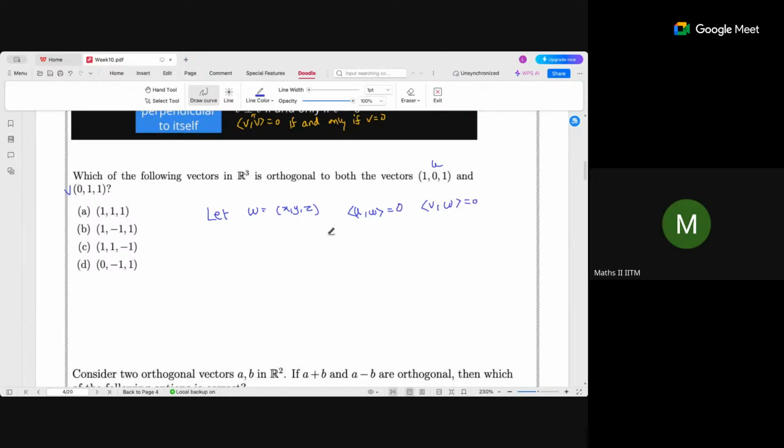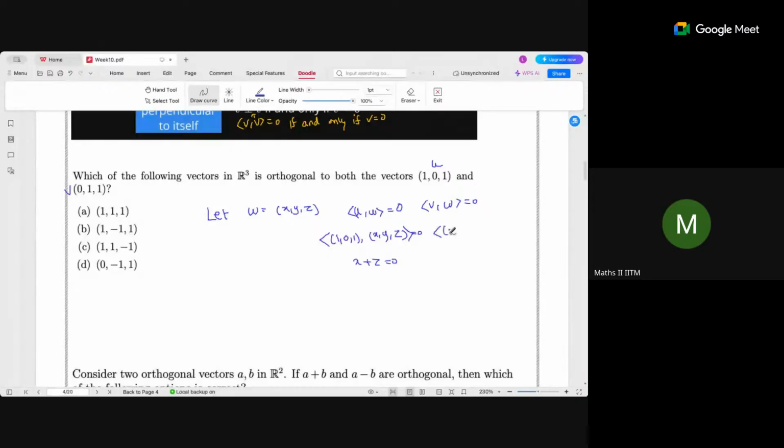So what will you get? The inner product of (1, 0, 1) with (x, y, z) is x plus z, it's in R3 only.